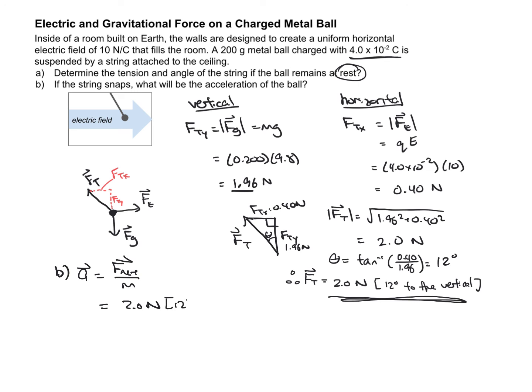It'll be 12 degrees to the vertical, but down and to the right. I'm not sure how best to describe that. Just draw a little arrow. It's going to be in the opposite direction that the tension was.